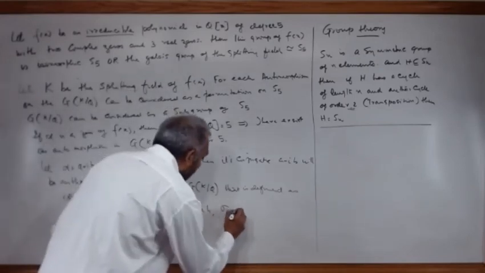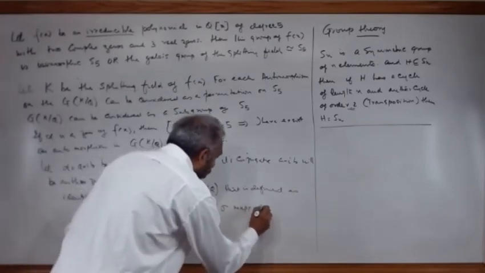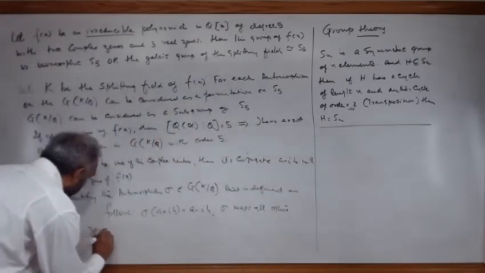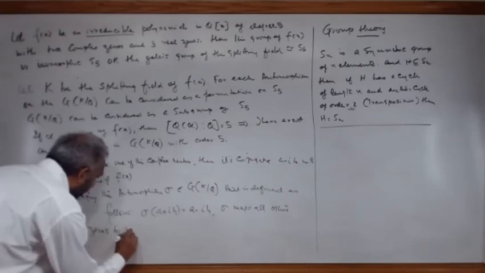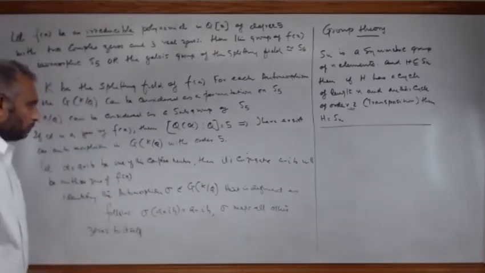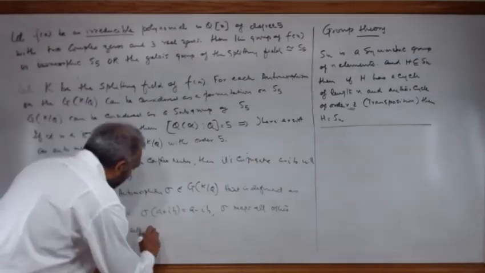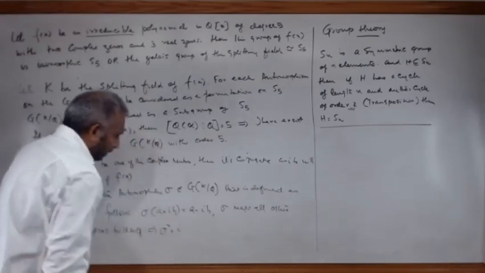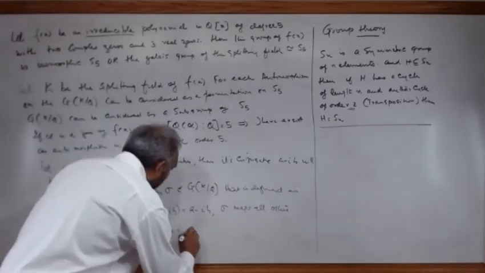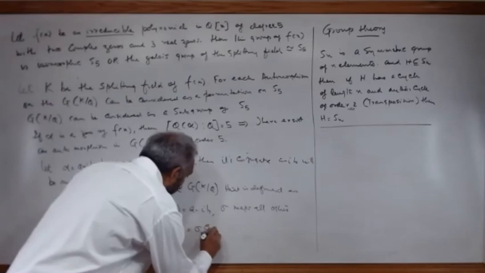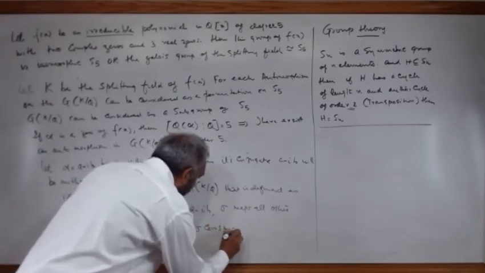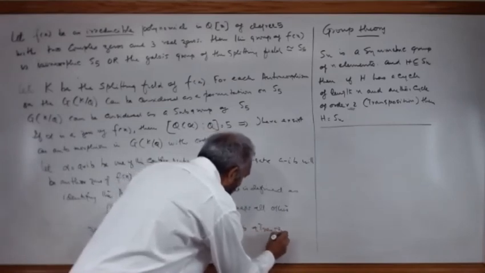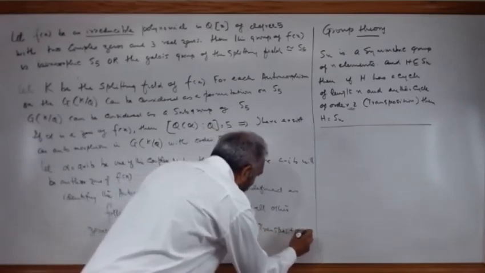Then sigma maps all other zeros to itself. And that means sigma squared is equal to the identity. That means sigma corresponds to a transposition in S5.